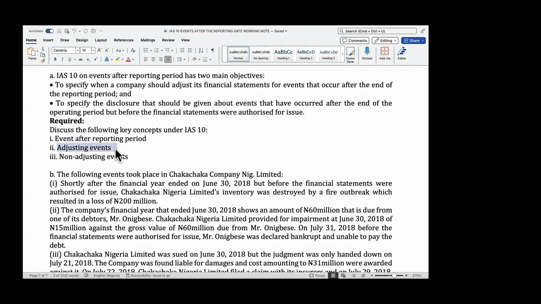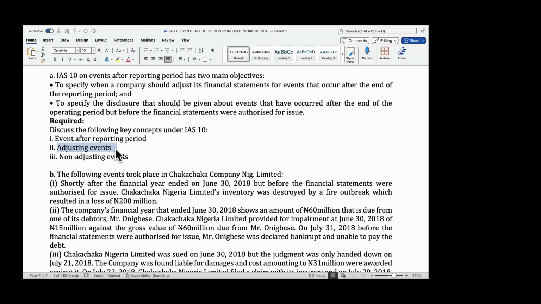So, who can tell us adjusting events? Can anyone explain adjusting events? Okay, so adjusting events will be those events that occurred between the reporting date and the date when the financial statements are authorized for issue. Again, can you repeat that?